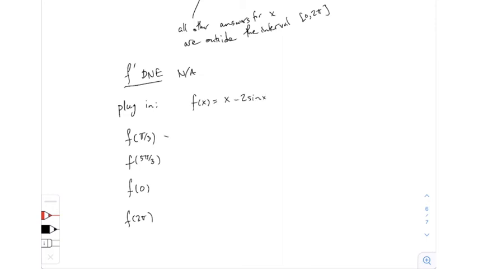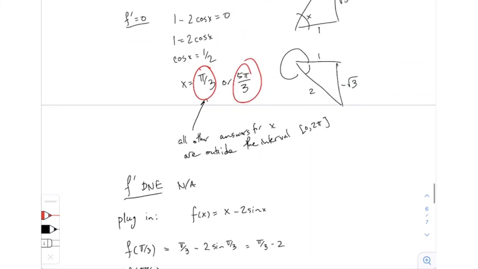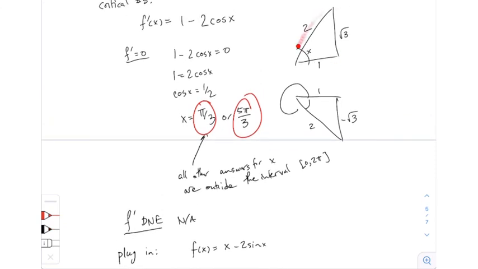Let's do it. This will be pi over 3 minus 2 sine of pi over 3. That's 60 degrees. And conveniently, I already drew that triangle up here. It's this one. And the sine here would be the opposite over the hypotenuse.